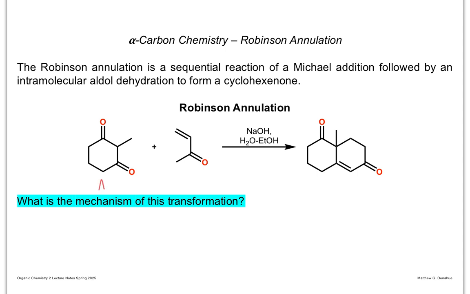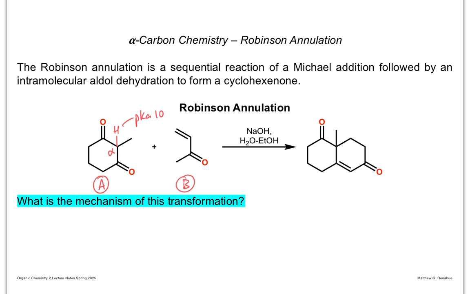Let me call them A and B. So A has a 1,3-dicarbonyl. And so it means that hydrogen is acidic, so pKa of 10. So that's the most acidic hydrogen of that molecule, and then the other coupling partner, B.